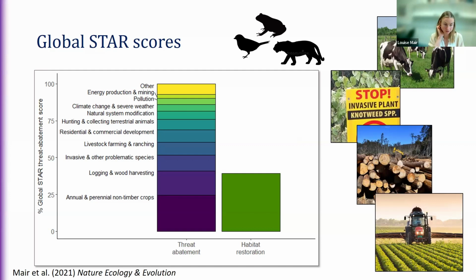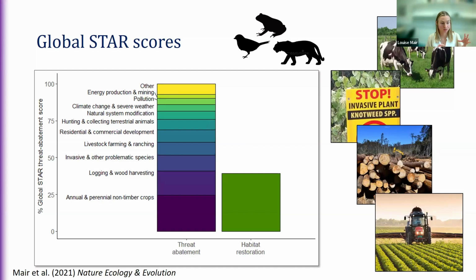So the first thing to note is that the habitat restoration score is telling us that from these data, you could contribute about a 40% reduction in species extinction risk by restoring natural habitat globally. So there is really good potential for habitat restoration to contribute to species extinction risk reduction, but the threat abatement score is considerably larger. That's really where the biggest immediate potential lies.